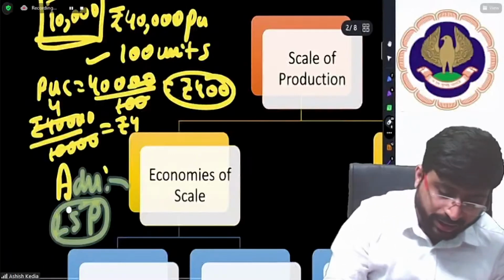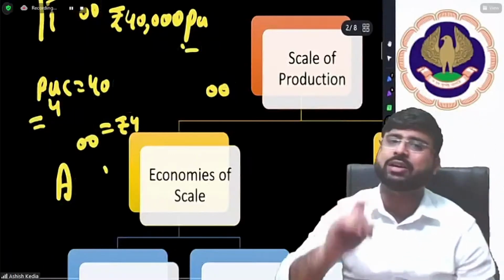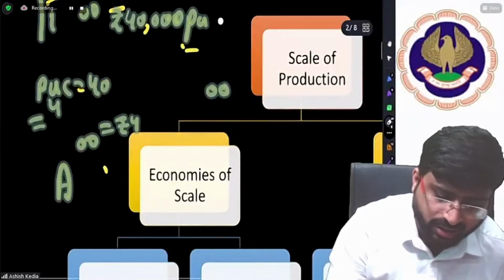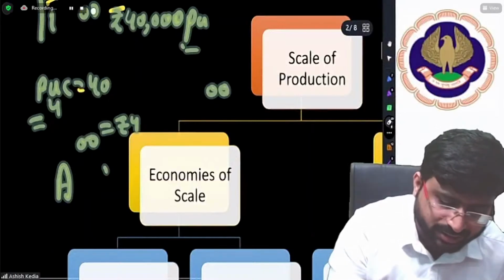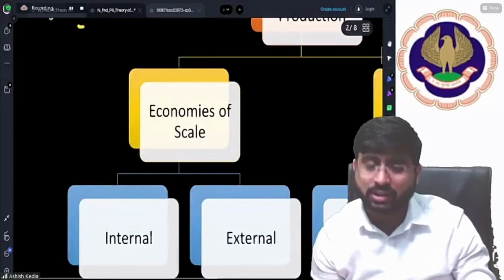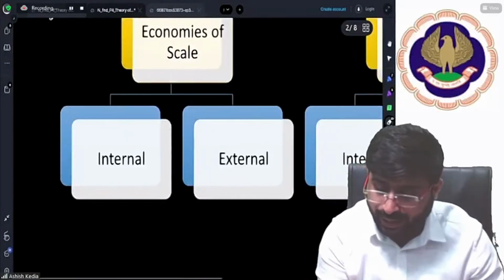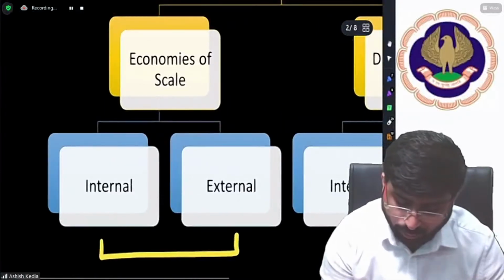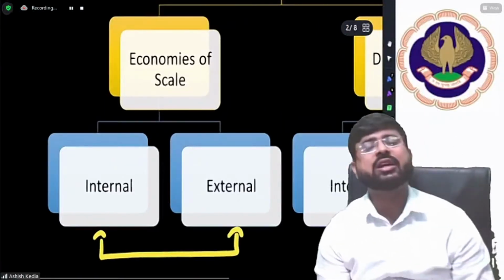Now, as I told, economies of scale is referring to the advantages that you enjoy. Please remember, these advantages can be both internal in nature or external in nature.